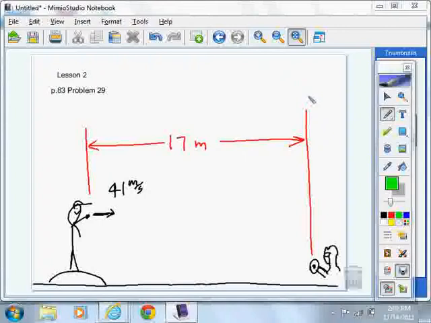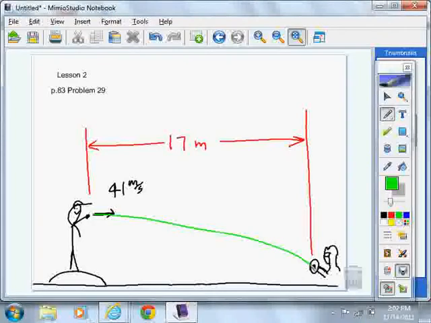So if I draw on the trajectory like this, if this is straight across, how much is the ball going to drop while it's traveling to the catcher?